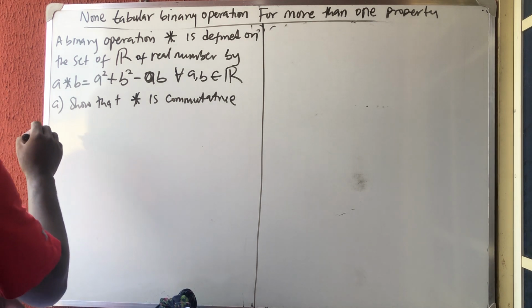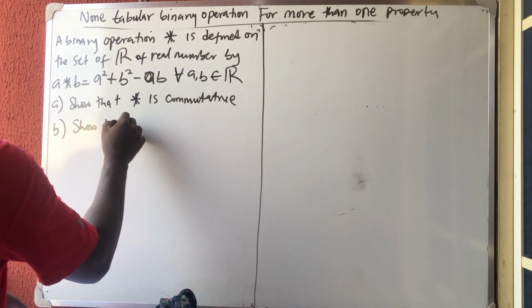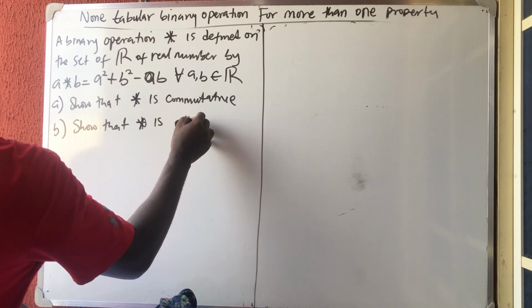B, let's equally show that star is closed.